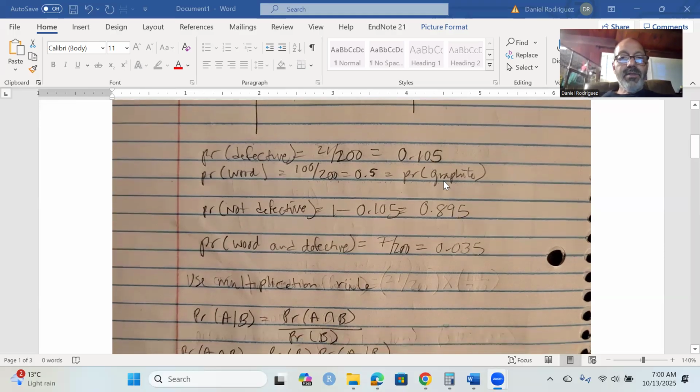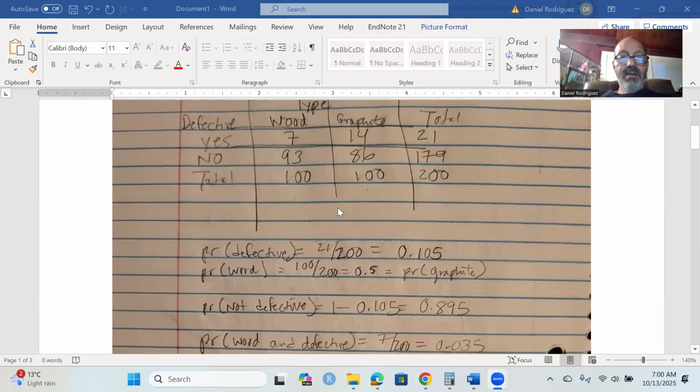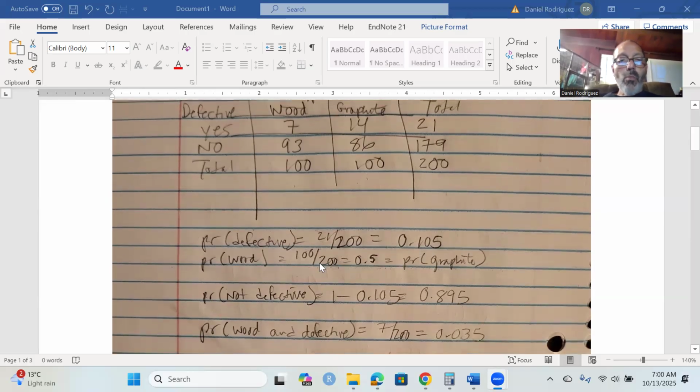All right, so what's the probability of being defective? If we look at this table, there were 21 defectives out of 200. So 21 divided by 200 is 0.105. The probability of being wood, well, there's 100 out of 200, and that's simply 0.5, which is also the probability of being graphite, right?